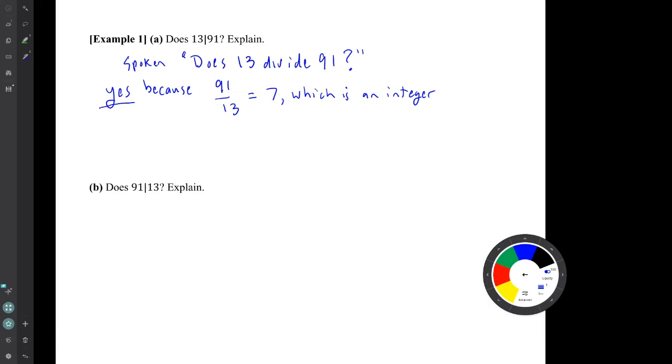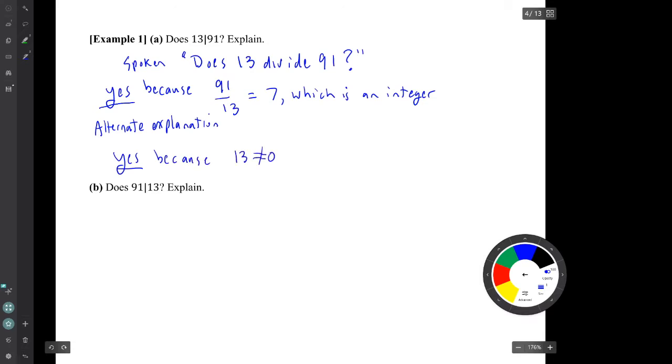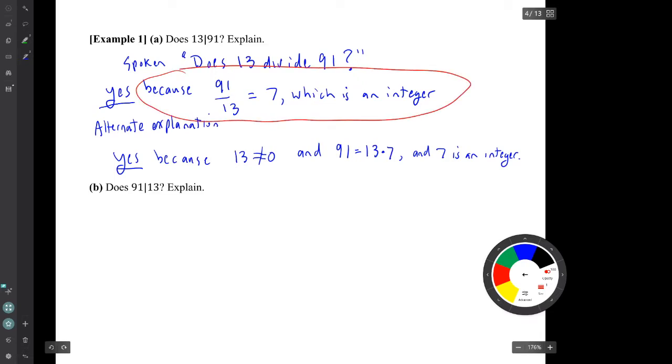Now let's explain a different way. So we have two different styles of explanations. One involves the idea of division, and we had to name the integer. The integer was the number 7. We had to come up with the example of the integer that works.